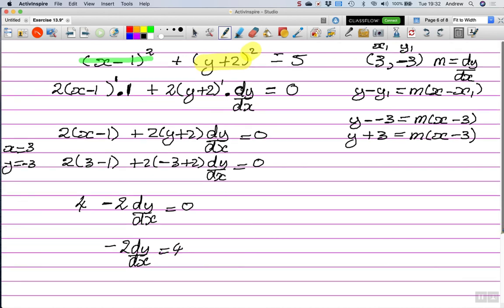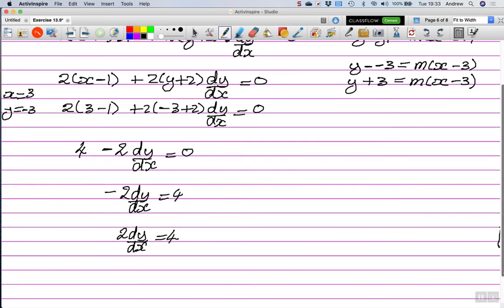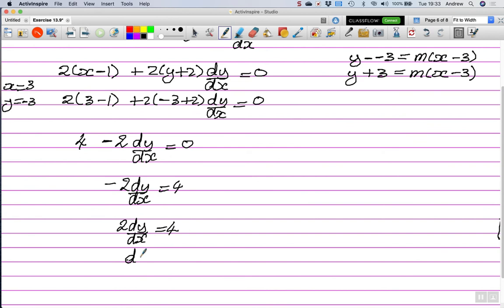If we change the sign on the left-hand side, we have to change the sign on the right-hand side. So 2 dy/dx is equal to 4. Now we divide both sides by 2, and we end up with dy/dx is equal to 2.